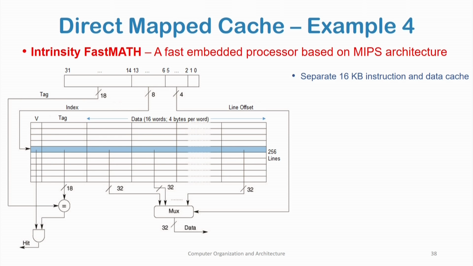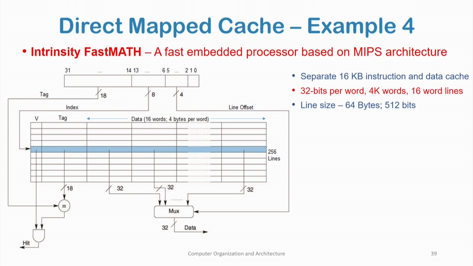So, the cache uses separate 16 KB instruction and data caches. We have 32 bits per word, therefore 4-byte words.